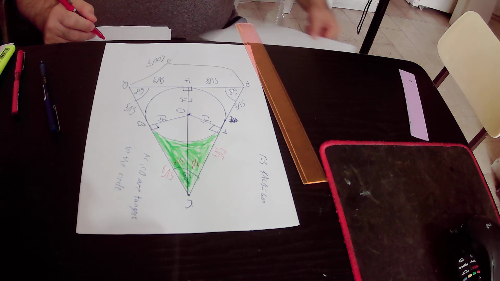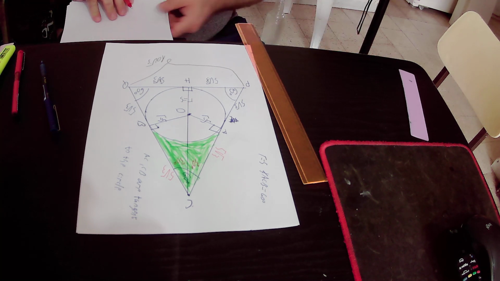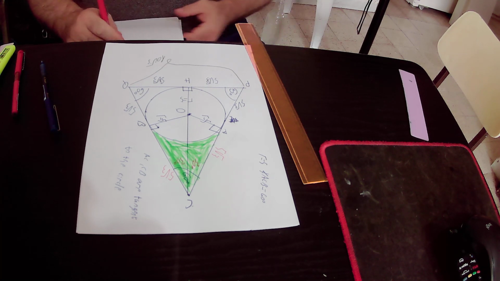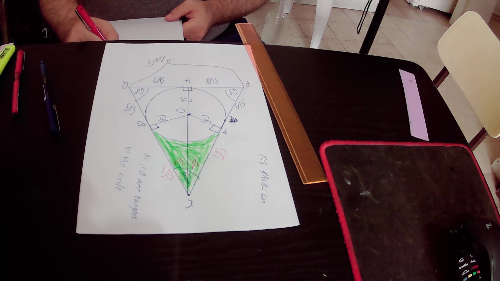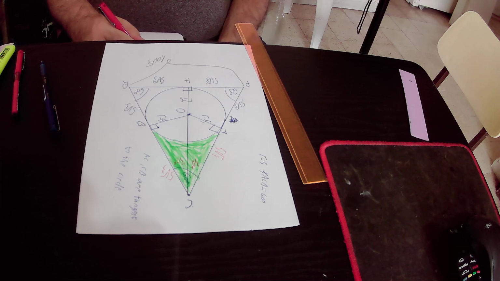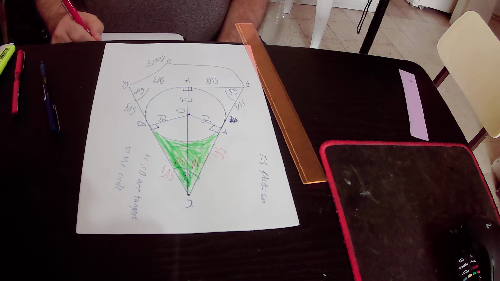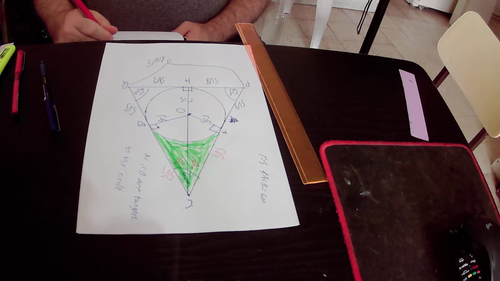We will get that the area of equilateral triangle, triangle CPQ, will be equal to CP times CQ times sine 60 degrees over 2.